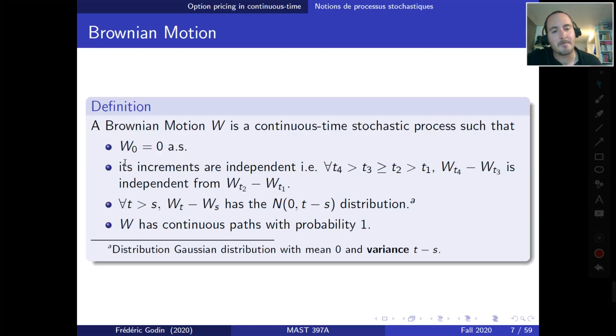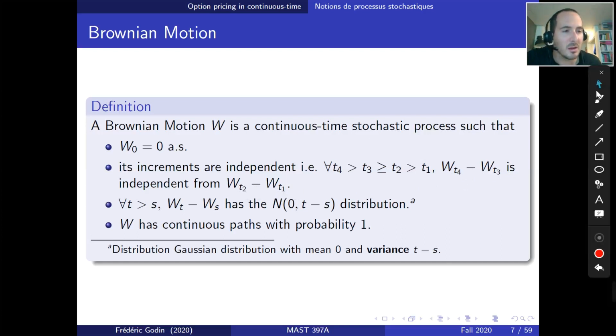Second property of the Brownian motion is called the independent increments property, which says that if we have 4 time steps, t1 smaller than t2, smaller or equal to t3, smaller than t4, then the increment of the Brownian motion between t3 and t4 is independent from the increment between t1 and t2. By increment, we mean the variation of the Brownian motion.